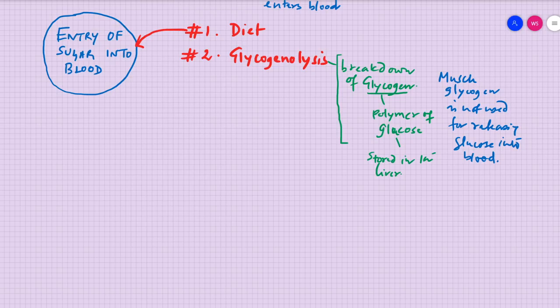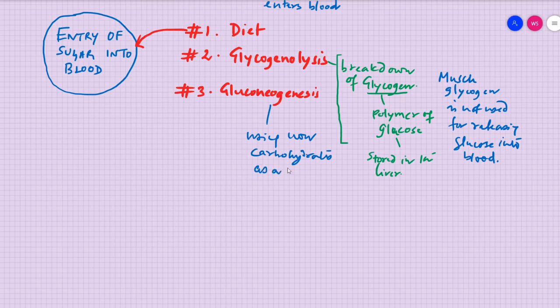The number 3 source is gluconeogenesis. Okay, so what is gluconeogenesis then? It is using non-carbohydrates as a source to generate carbohydrates.